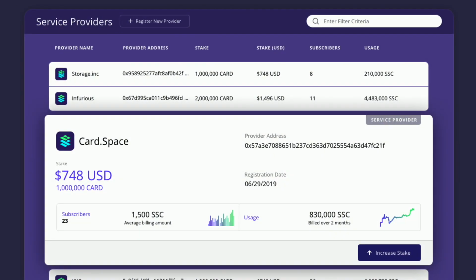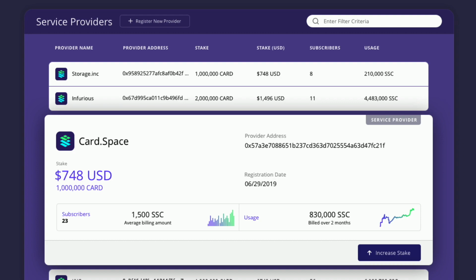From a service provider point of view, these are all the service providers who are listed or who staked Card token, and their stake determines some limit of how much they can bill against. And now they can pivot the other way from a data point of view. I have 23 subscribers, and I'm averaging this much billing per month, $15, and as with cloud services that grow, that could be a big thing.